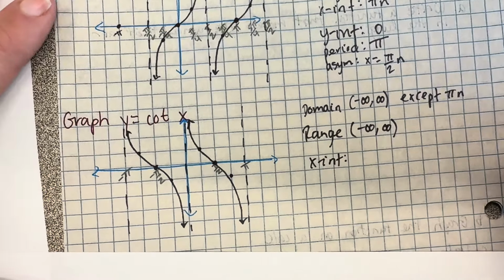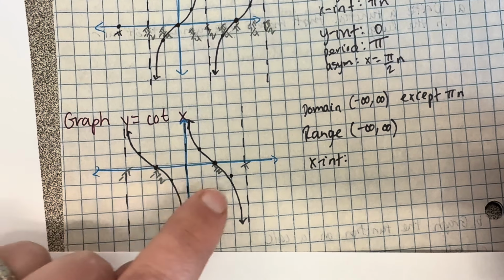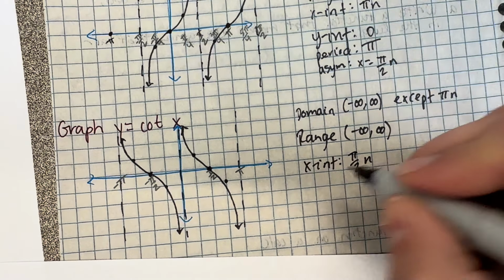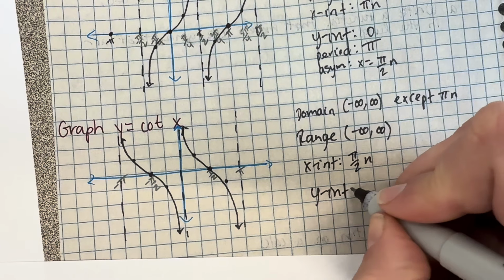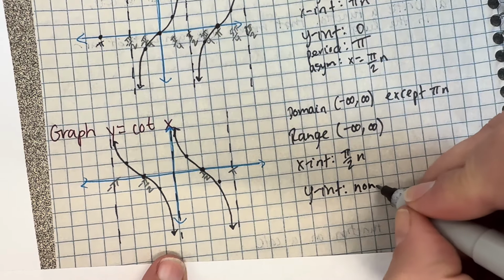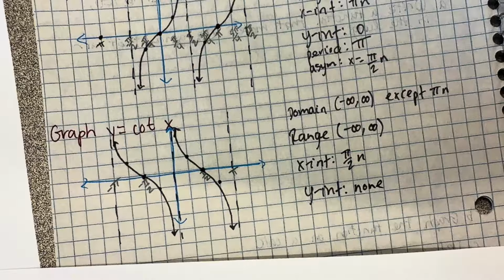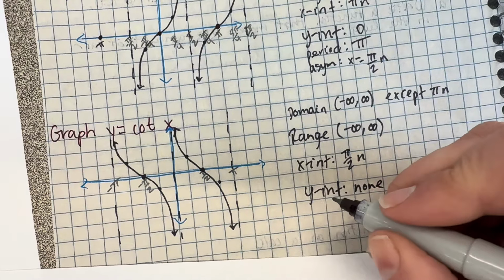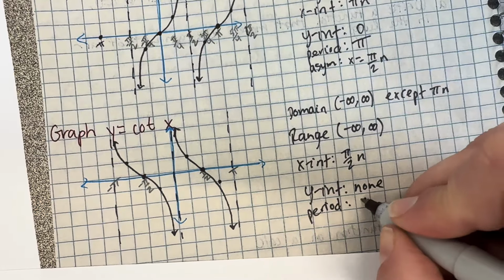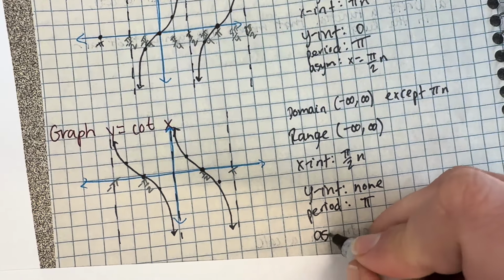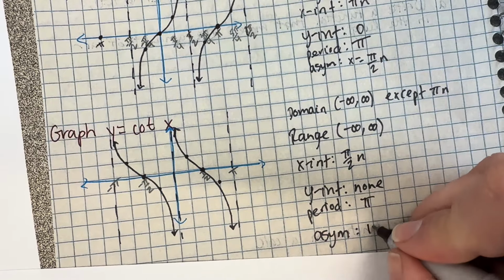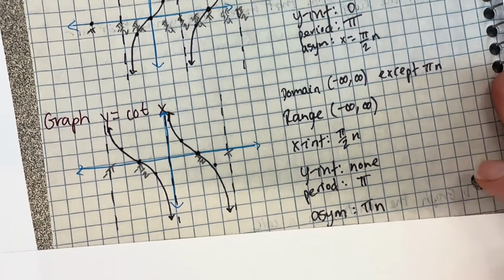My x-intercepts are going to happen right here, now at pi over 2 n. My y-intercepts, there's none. It never crosses the y-axis because that is an asymptote. My period still happens over the same period of time. So that is still my period.